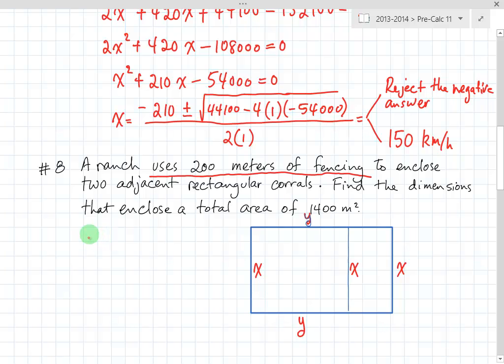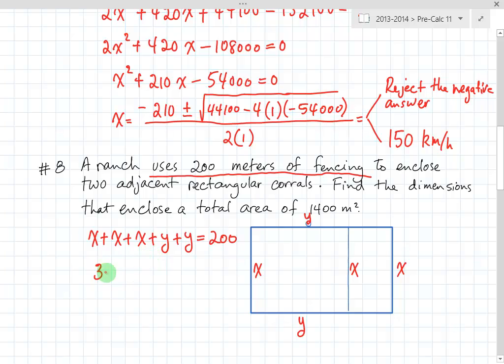So if I go x plus x plus x plus y plus y, right? So I'm adding all of the lengths, right? That's equal to 200. This gives me a way out of having two variables, right? So I'm going to solve for y to find out what y is in terms of x.